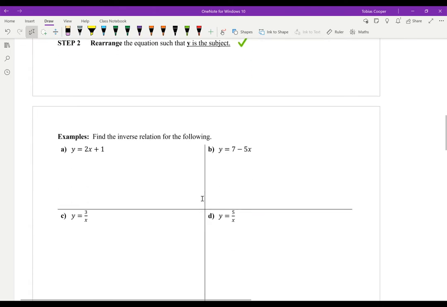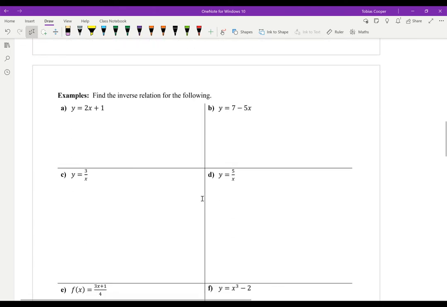All right, so let's do a couple of questions. Pause the video anytime you like if you want to just do the question by yourself. So to find the inverse relation for these, I'm going to swap the x and the y values, and then I'll make y the subject. So here I'm just going to subtract 1 from both sides, and then divide both sides by 2.